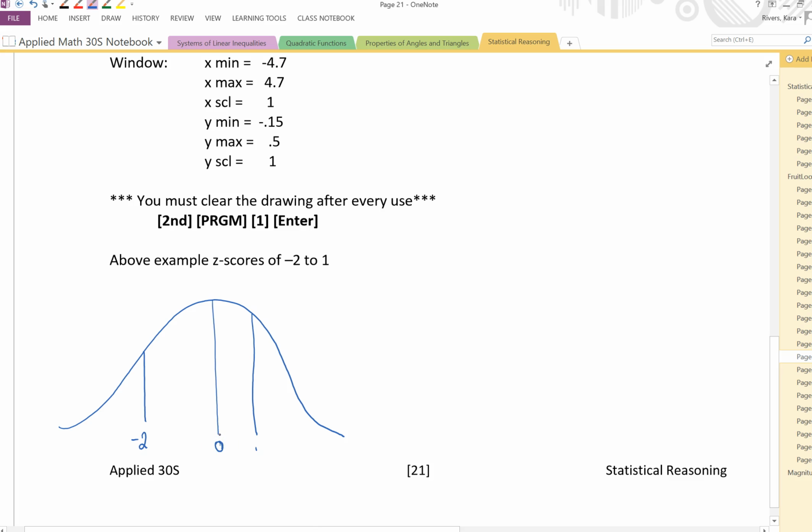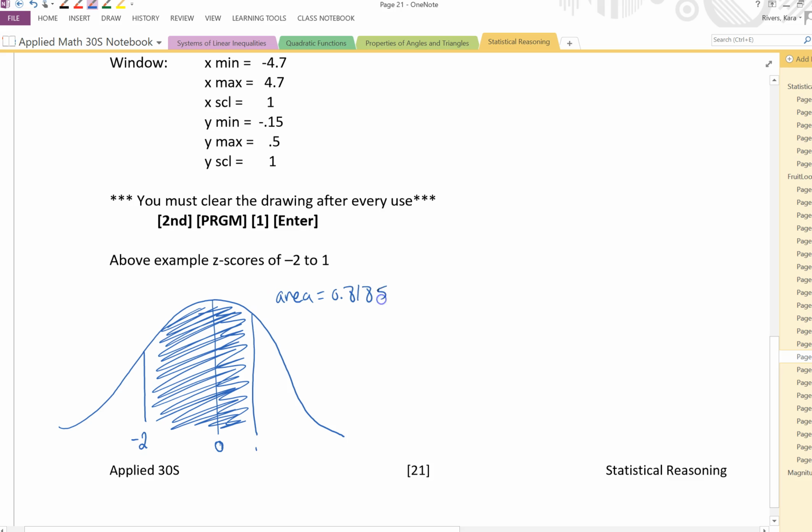And then you're going to shade all of that, right? So when you get a question like this is what you're going to be showing for your work. You're going to do your diagram, show me where you're shading, because that's the area, and you're going to tell me that the area is 0.818595, because that was given in our calculator.